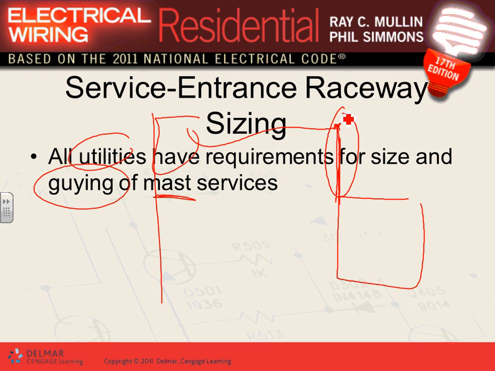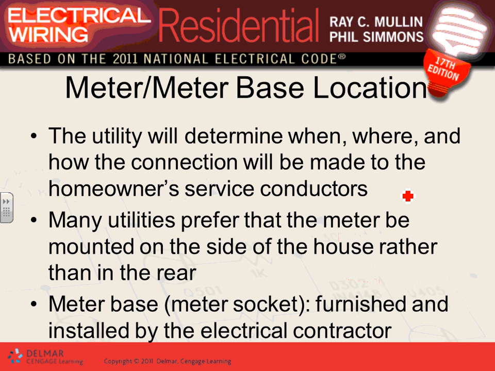Can you guys see that? How far can you stick above the building before it becomes structurally unstable? You might have to put a guy right here and tie the pipe to the roof of that building to maintain the structural integrity of this mast. So be very aware of that one too.